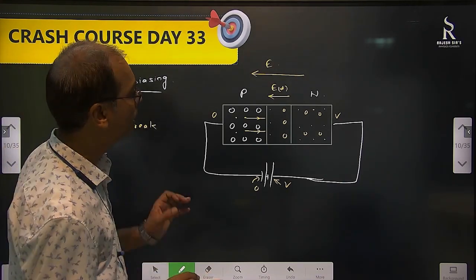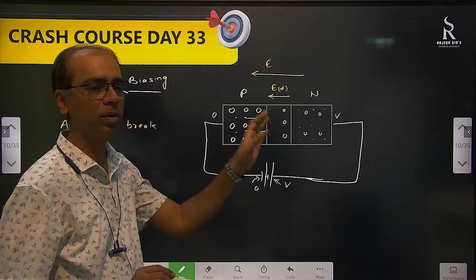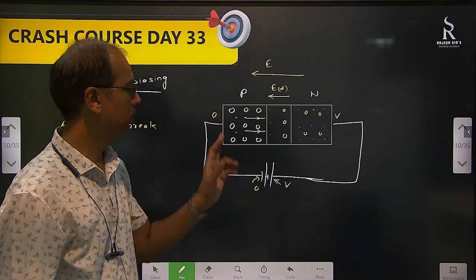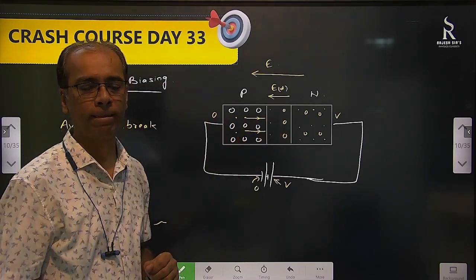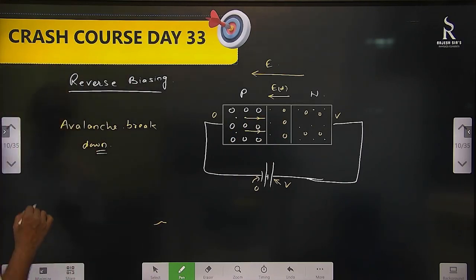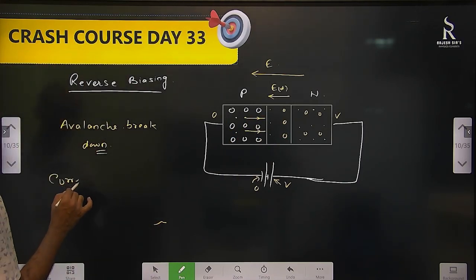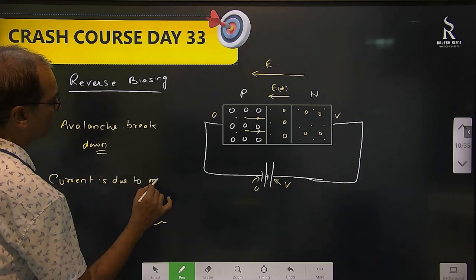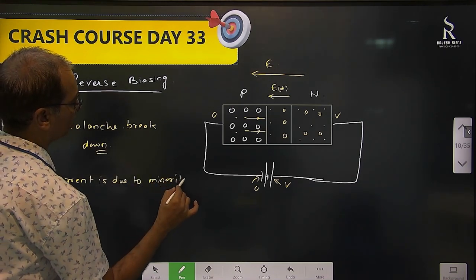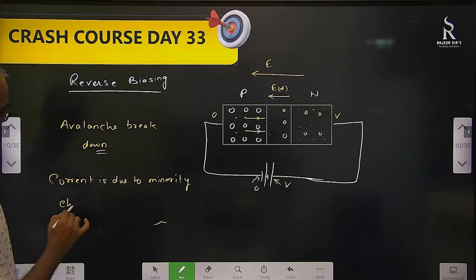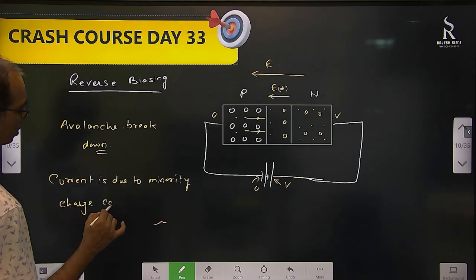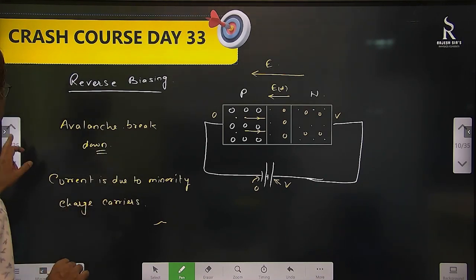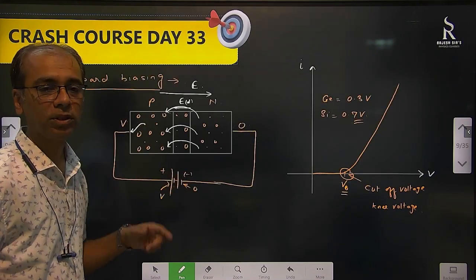So mainly the current in this reverse bias is not because of the majority charge carriers, it is because of minority charge carriers. Whereas in forward bias, the current was due to majority charge carriers.